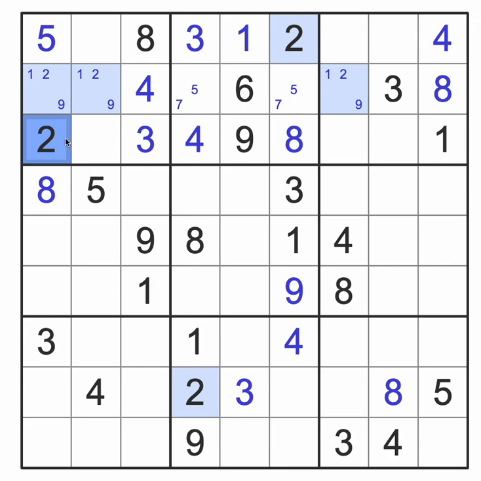And oh, I should place 2. This 2 blocks these 2 cells. It's 1, 9 double. That leaves only this cell on row 2 available for 2. So this is 2. And 1, 9 double here means these 2 are 6, 7 double.